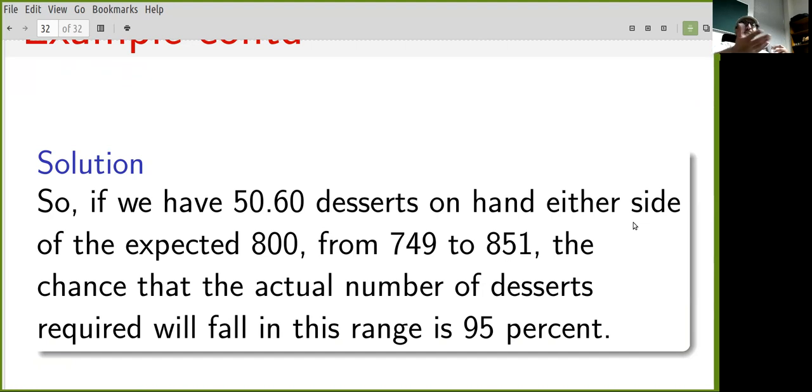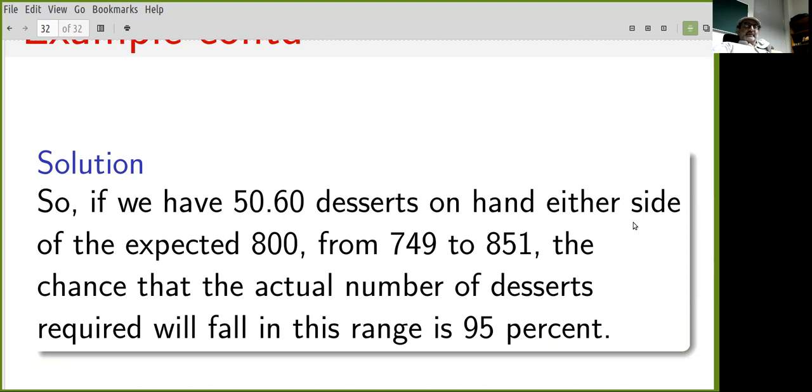with a 95% probability. So if we have the records from the PDC, going back through them, we get this information that 20% of the time people want dessert served.